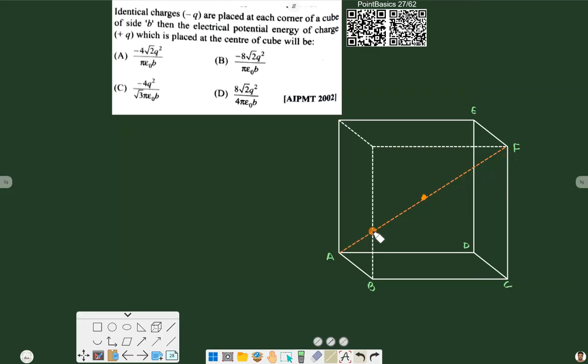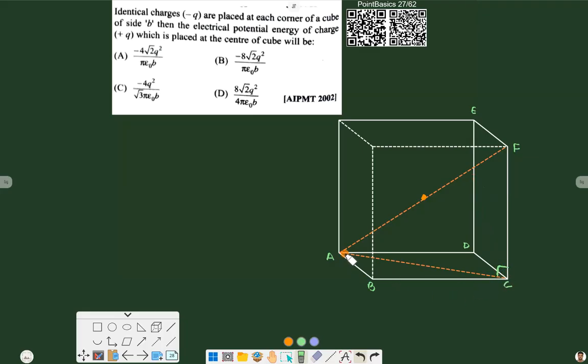For that, AF will act as the hypotenuse and this FC side will act as the perpendicular. So we will need a base, and that base will be AC. So AC will act as the base, FC will act as the perpendicular, and AF will act as the hypotenuse. And this angle will be 90 degrees.